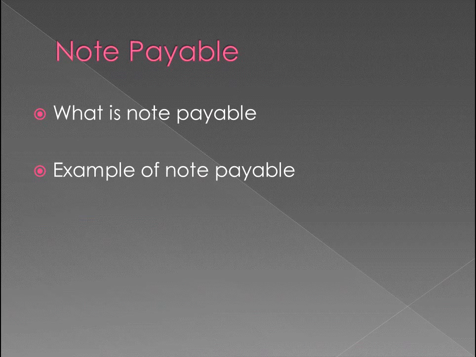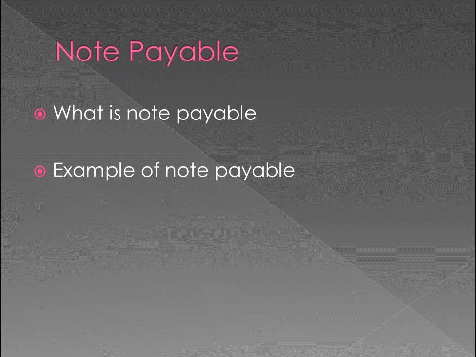When a note is signed and it becomes a binding agreement, a note payable can be recorded to report the debt on the balance sheet. To report the note as a current liability, it should be due within 12 months or less.